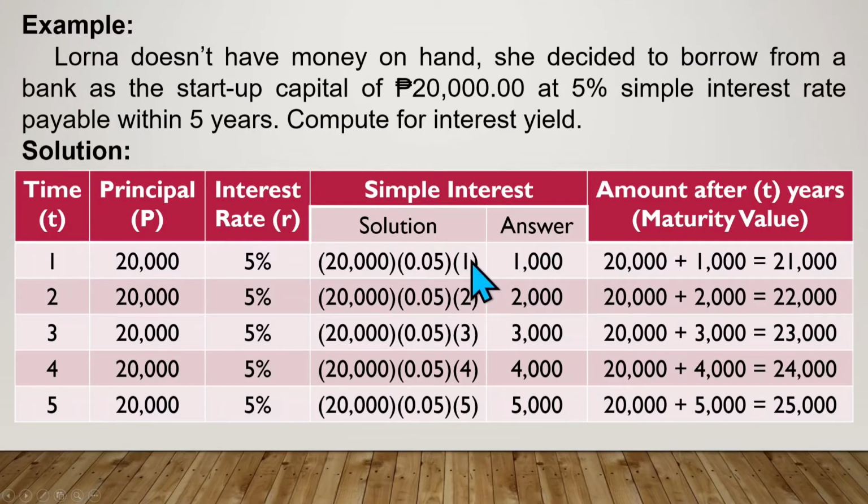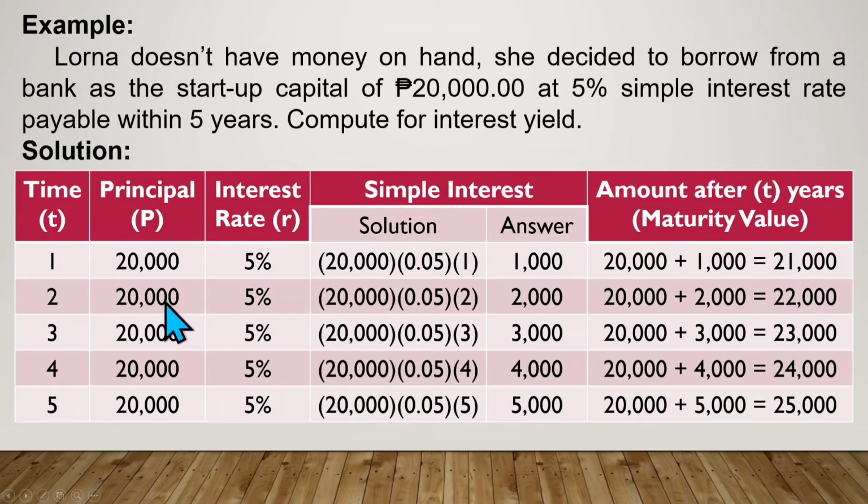And then times 1, because of 1 year, we have 1,000. And then the interest in 1 year is 1,000. And the amount after a year, we have 20,000 plus 1,000 interest is equals to 21,000.